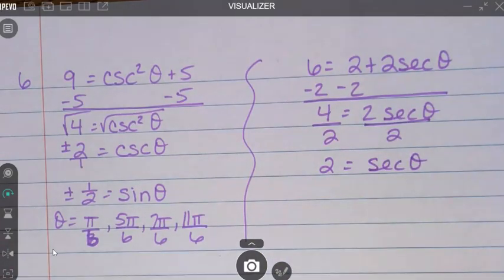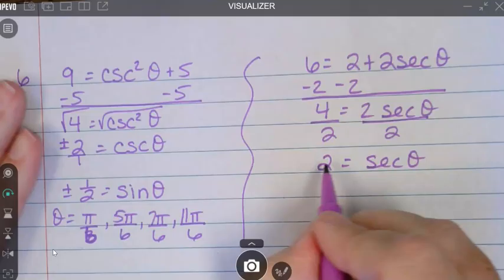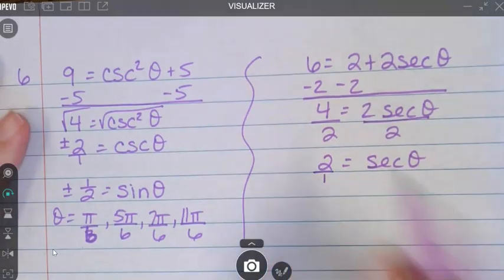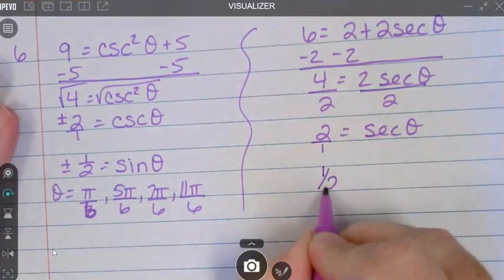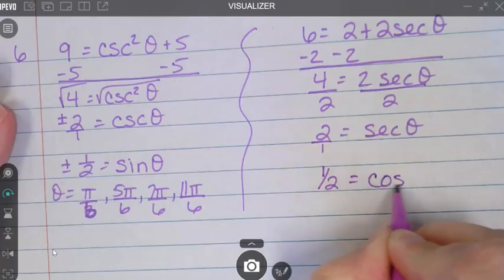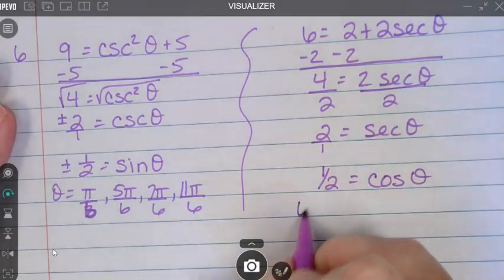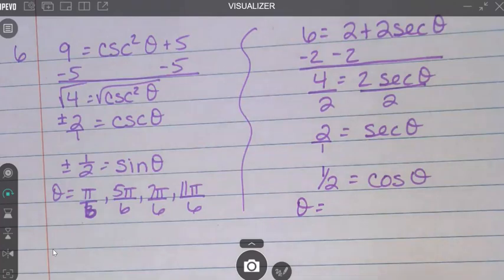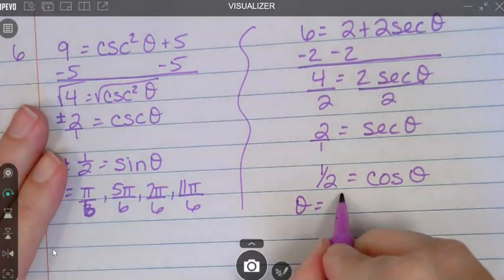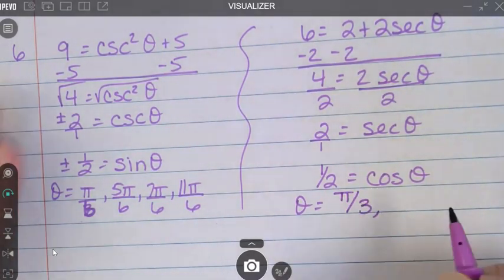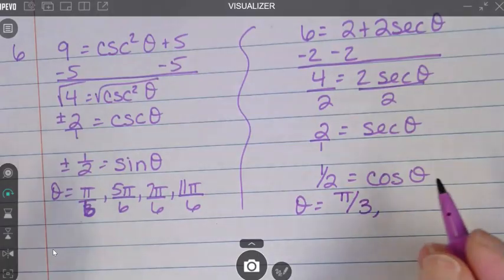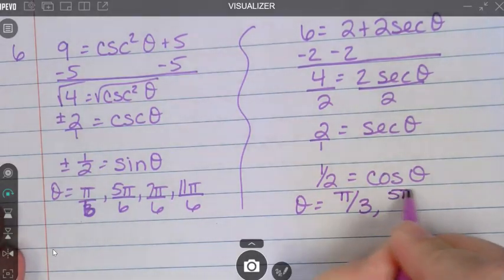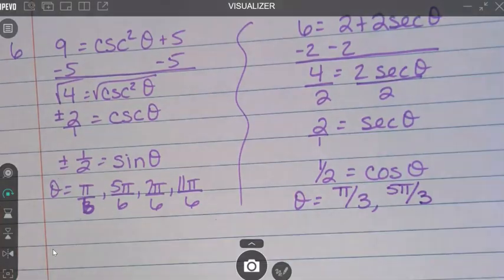Nice thing about this one is that we didn't take the square root. So put this over 1 and flip it, and we get 1/2 is equal to cosine. And that answer is going to be pi over 3 and 5 pi over 3.